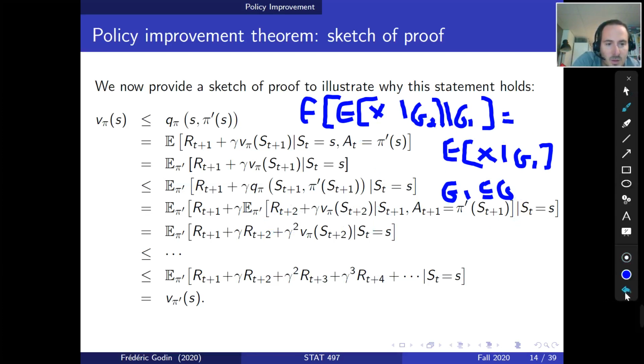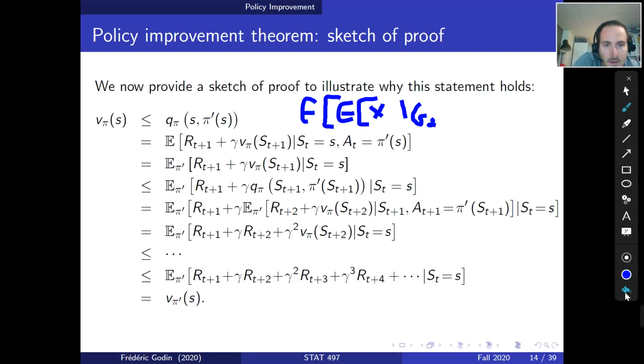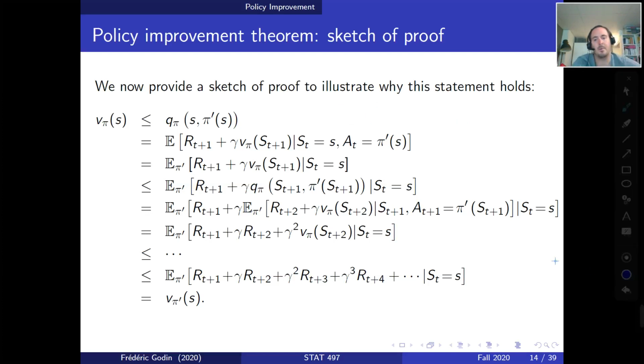So here, once we do that, we end up with this relationship. And then we extended this: R_{t+1} plus gamma V pi of S_{t+1}. We can do that another iteration. So it's R_{t+1} plus gamma R_{t+2} plus gamma squared V pi. But we could continue on.